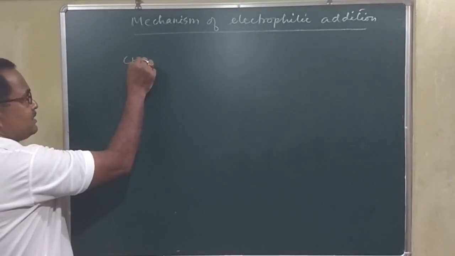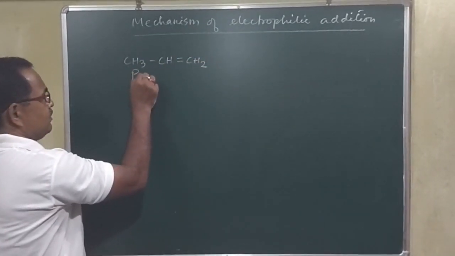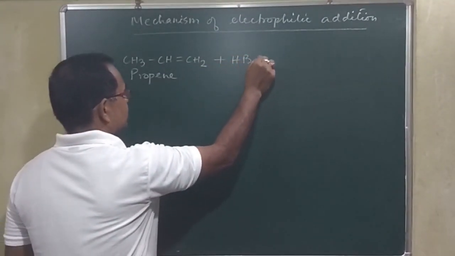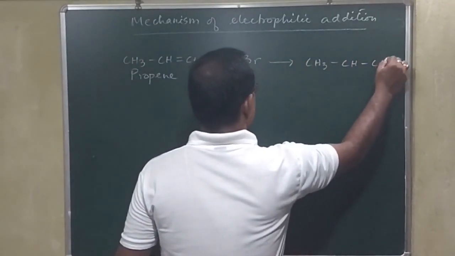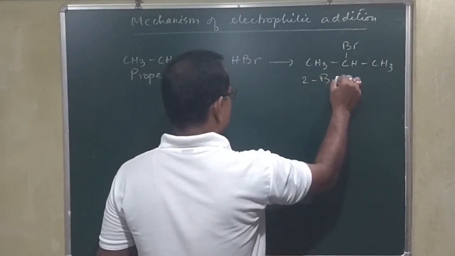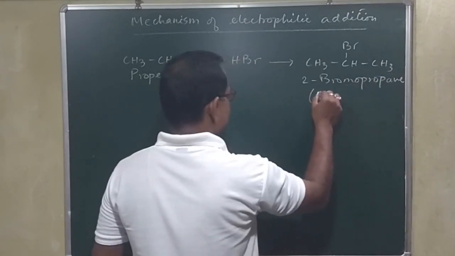For this purpose, we will consider this reaction: CH3CH=CH2, this is propene, plus HBr. This will give you CH3CHBrCH3. This is 2-bromopropane. This is the major product.